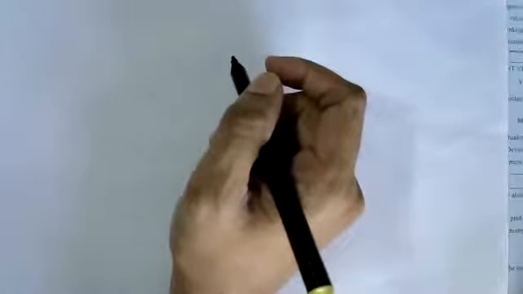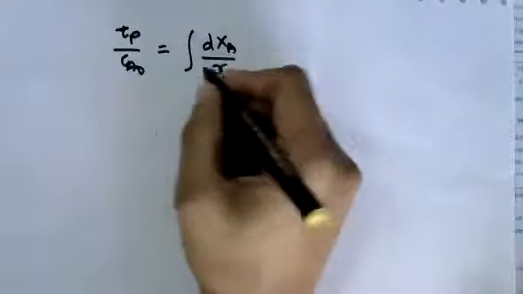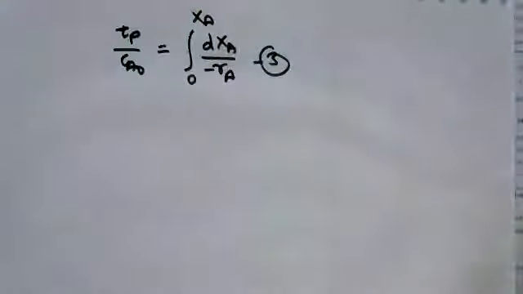Now the data is given, so from the data the performance equation for plug flow reactor in terms of the space time and conversion is tau p upon Ca0 is equal to the integration of dXA upon minus Ra from 0 to XA. Say this is equation number 3.